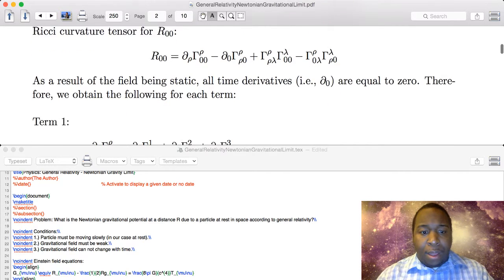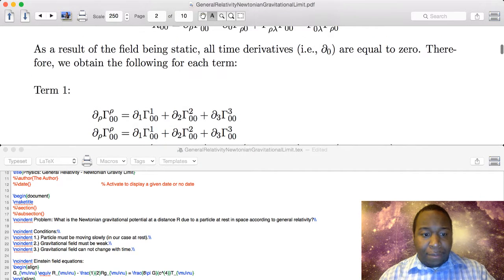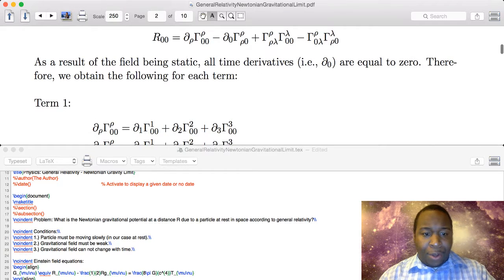In the previous stream, I also mentioned that whenever you have an index that repeats itself and it's only present on one side of the equation, then you're summing over that index. And so that first term ends up expanding, and I don't want to show all that.